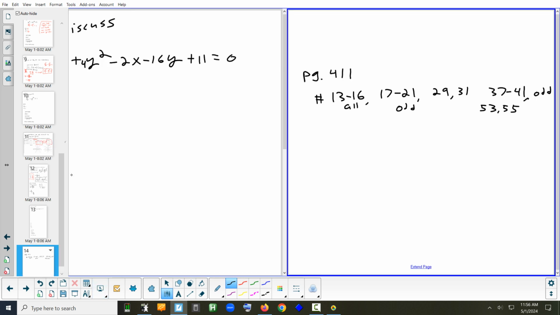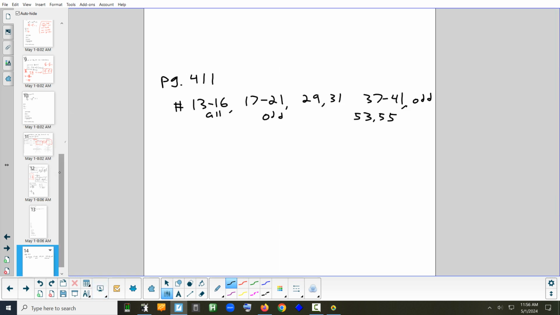So homework, I think I need to double check that one, so let me check that. Page 411, 13 to 16 is matching, that's okay. 17 to 21.